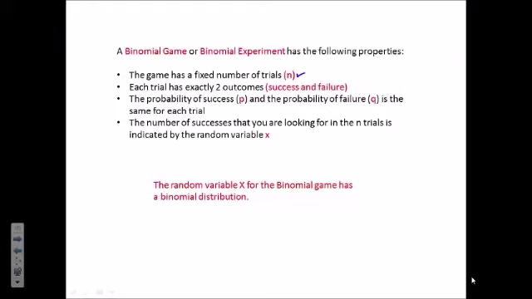Each trial has exactly 2 outcomes. For example, the game could be flip a coin. If you flip a coin, then the 2 outcomes are head and tail. Now, one of these 2 outcomes is called success, and whichever one is called success, the other one is called failure.